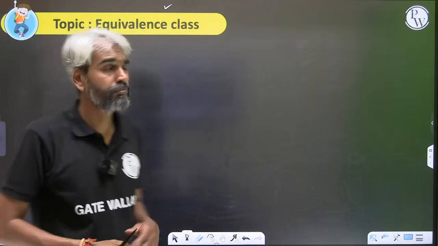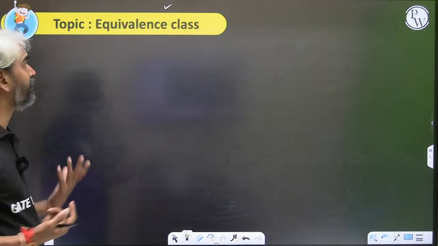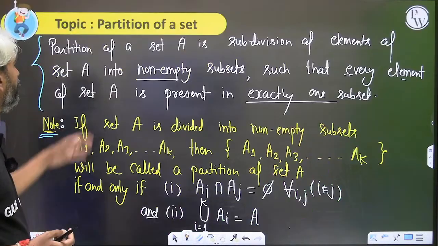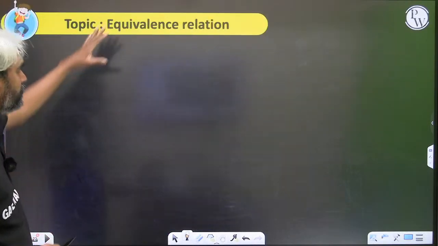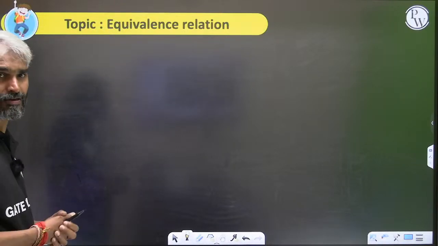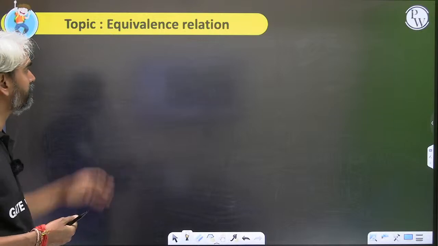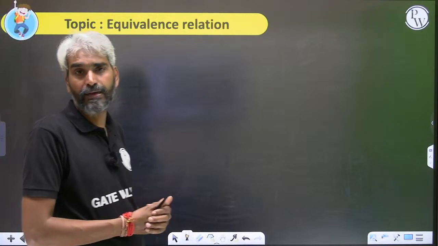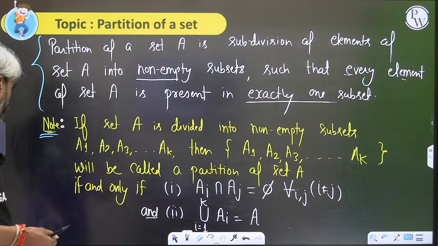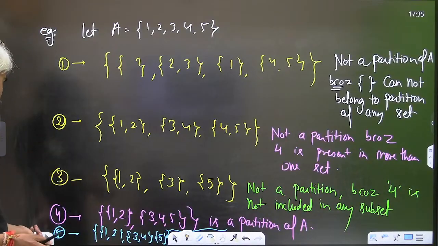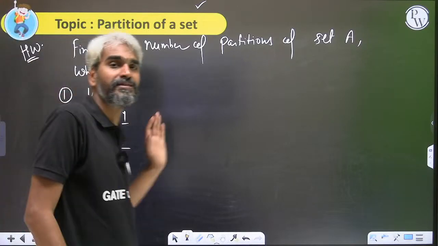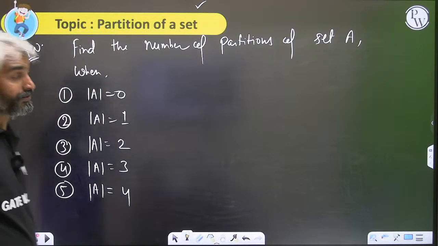Right? So there are certain things that I'll cover in the next class. That will be some more examples related to equivalence relation, which I'll cover along with partial order relation. When I give you the example of partial order relation, I'll also give you some examples of equivalence relation. Apart from that, we will try to understand how many partitions will exist for a set as the size of the set varies.